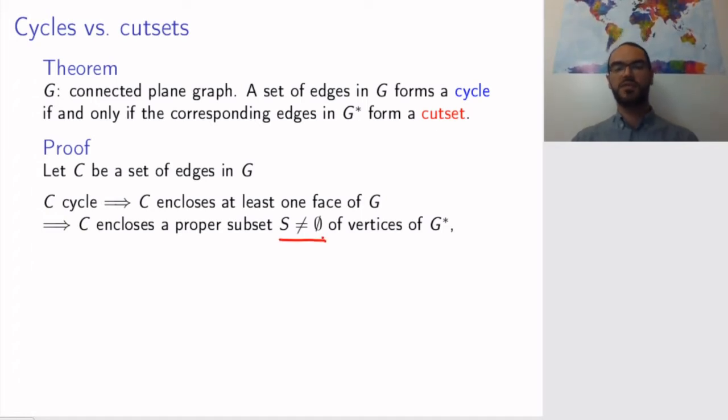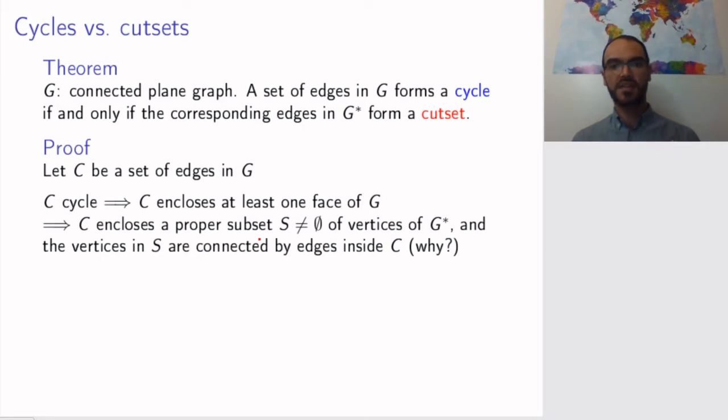Well, because by construction of G star, we're going to have one vertex in each face of G. So since we're enclosing at least one face of G, we're enclosing at least one vertex of G star. Also, we're not enclosing all vertices of G star, just a proper subset. There will be some vertices outside because we have the infinite face at the very least outside.